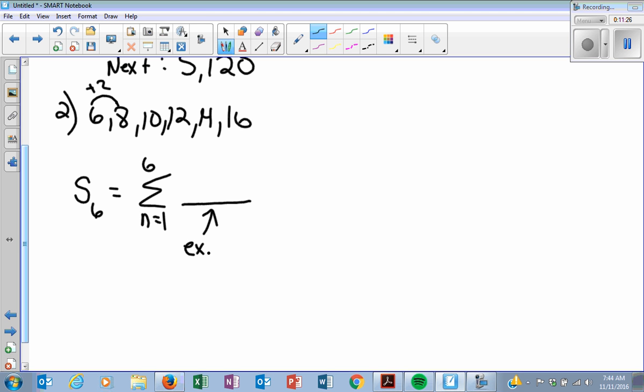Add 2, add 2. I quickly see that it's arithmetic. So which formula am I going to use? An. Why? A stands for arithmetic. It should help keep these formulas separate so you know which ones are arithmetic and geometric. That's why they put the A there. So An equals A1 plus d times n minus 1.